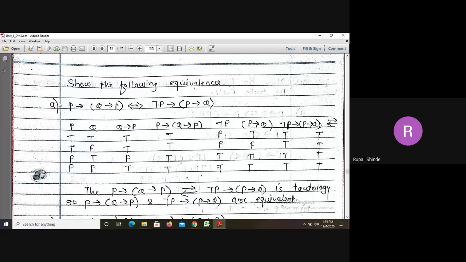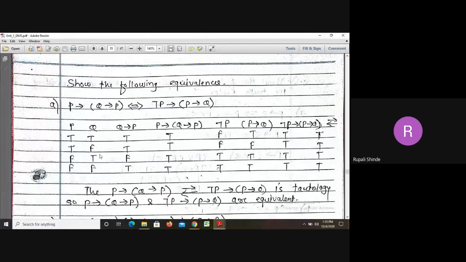So first of all, this formula is containing variables P and Q. So value of P is TTFF, value of Q is TFTF. Now next column is Q conditional P. So first of all, we have to observe this column Q and then P. So wherever we have TF, for that combination, we have to write F. And for rest of values, its value will be T only.